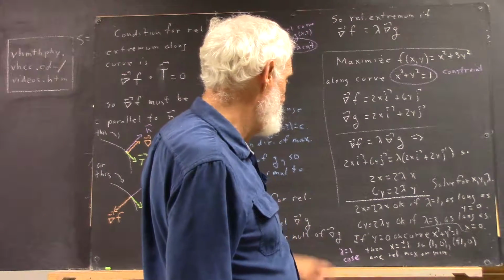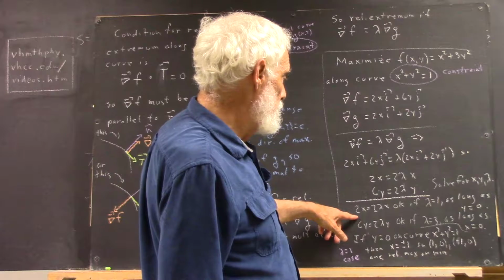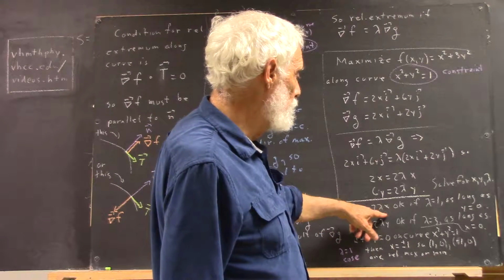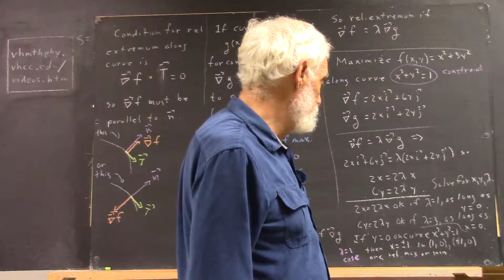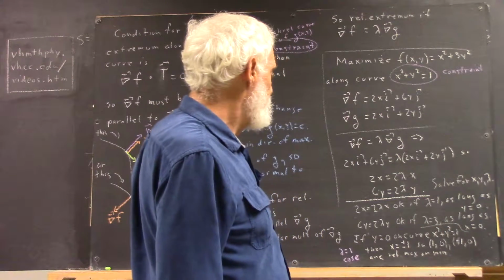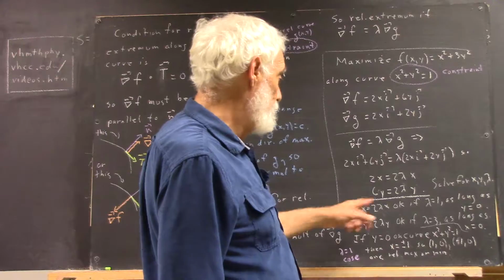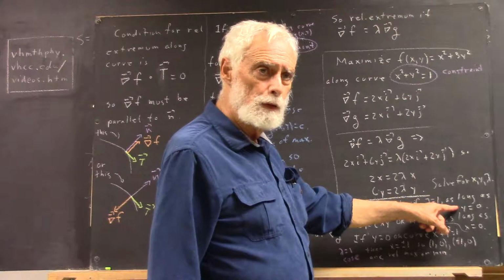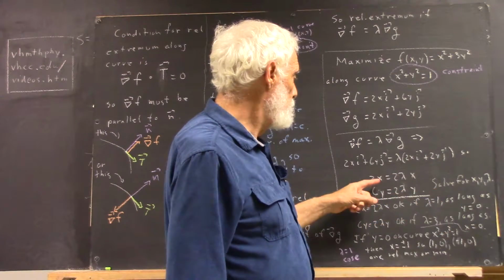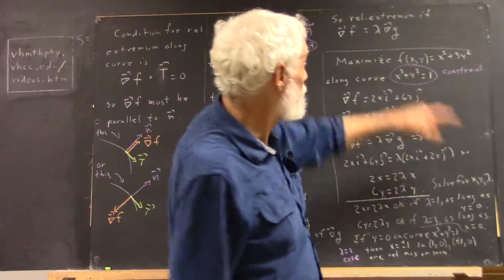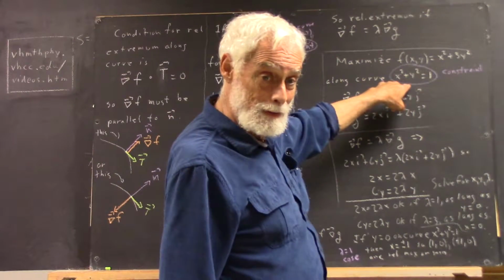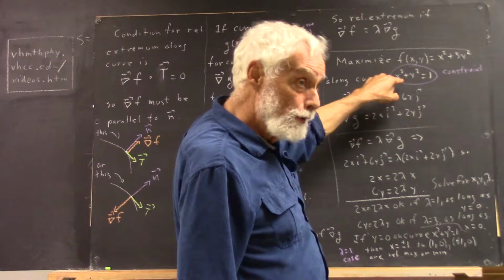Well, I'm going to say 2x equals 2 lambda x is okay if lambda equals 1, as long as y equals 0. Okay? Now, what are your coordinates of x and y? X could be any coordinate at all, except your point has to be on this curve. So y is 0 and you're on this curve.